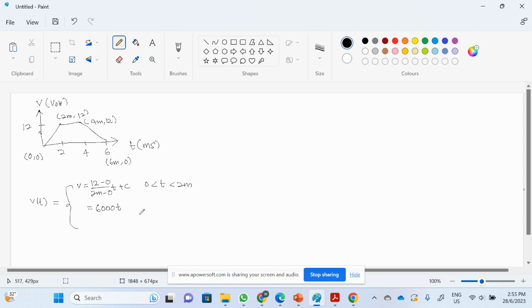6,000 t. Okay, so untuk 2 mili ke 4 mili sebab dia straight line, so V sama dengan 12 volt je lah.